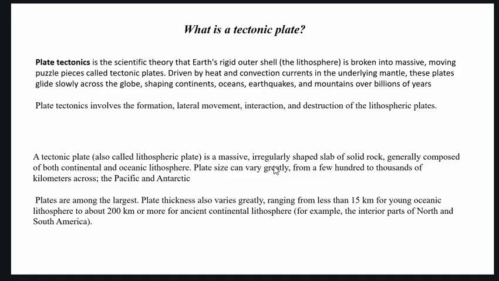What will I do? I'll bring sellotape. If I tore it into 5 or 6 pieces, I'll start putting them together, and then use sellotape to hold it together. So that's what a jigsaw is. So they are irregular plates that were not cut in a straight line, okay? They are just irregular slabs of rock, massive, that are floating on top of the asthenosphere. That is what the tectonic plate is.